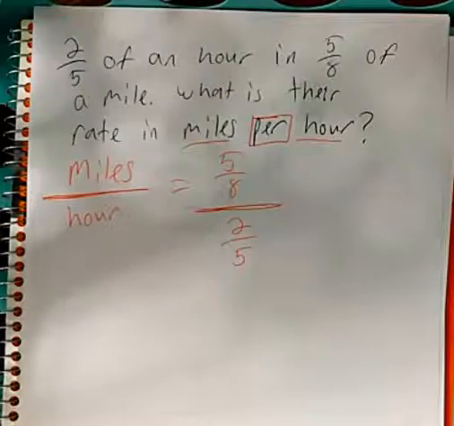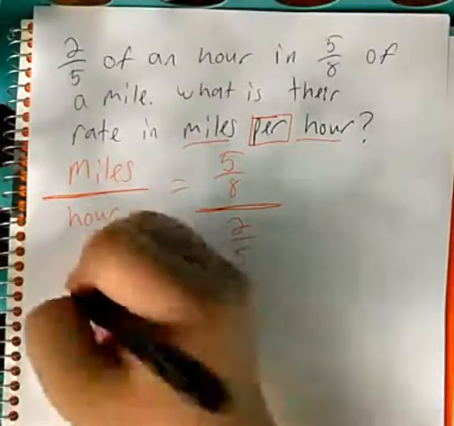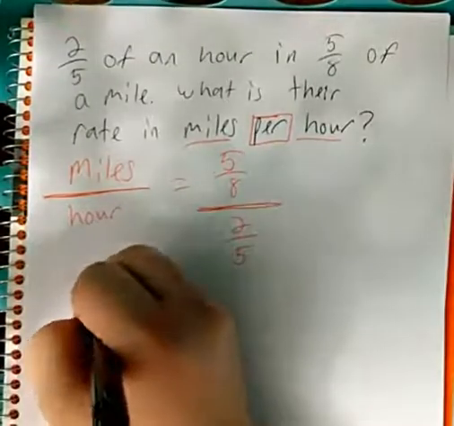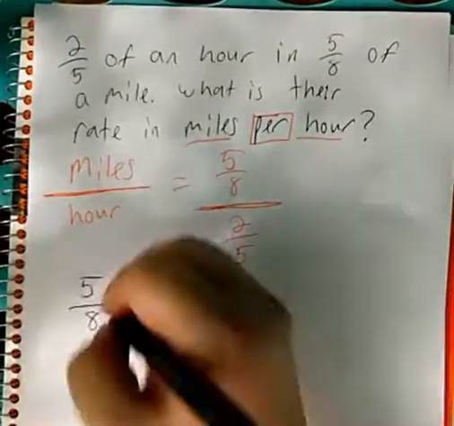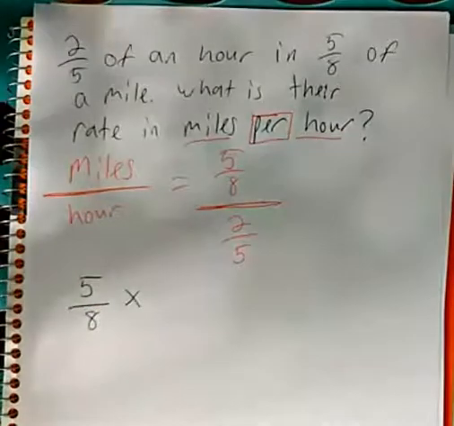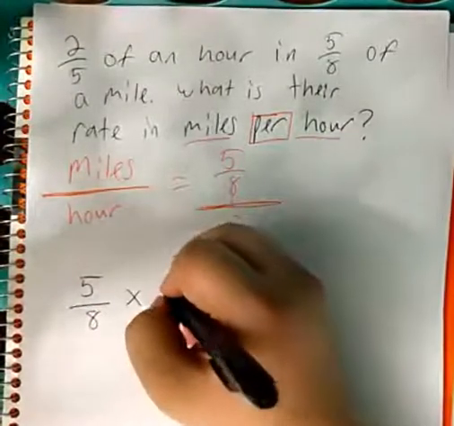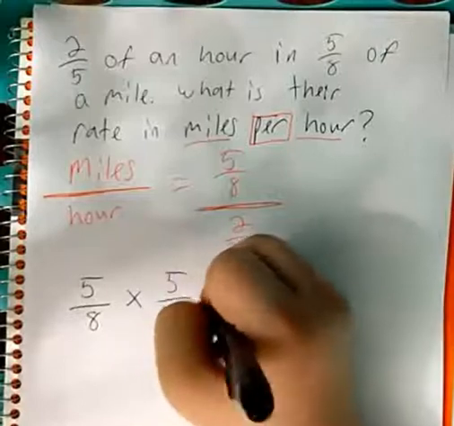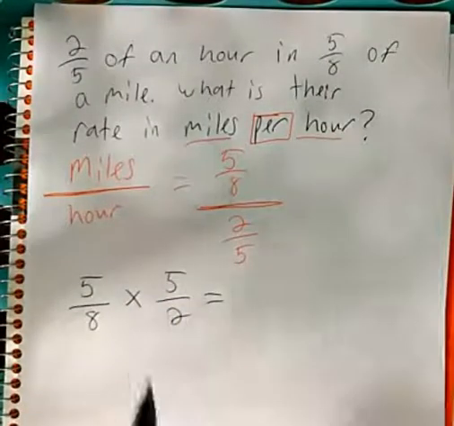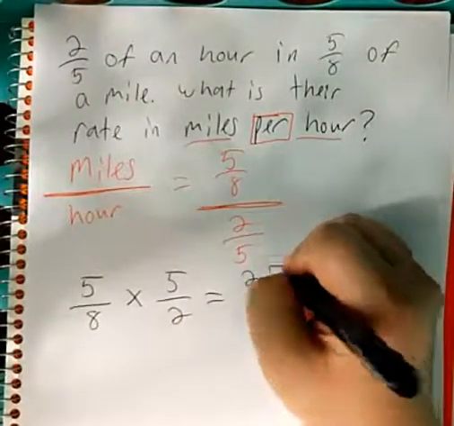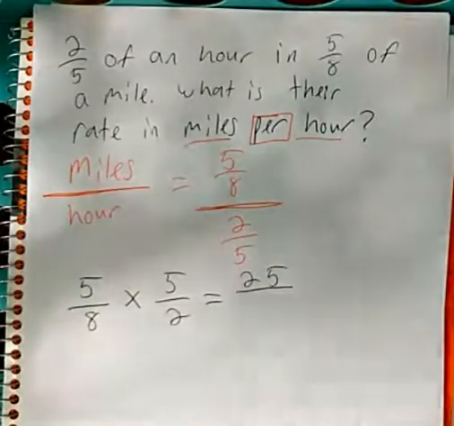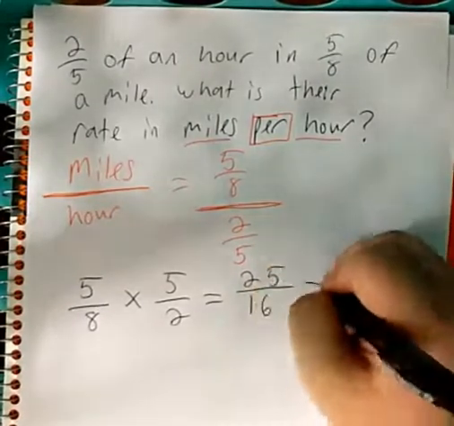So when I divide fractions, we multiply by the reciprocal. Or, I know you guys love it, it's keep, change, flip. So I keep my 5/8, I change to multiplication, and I flip this guy. 5 times 5 is 25. 8 times 2 is 16.